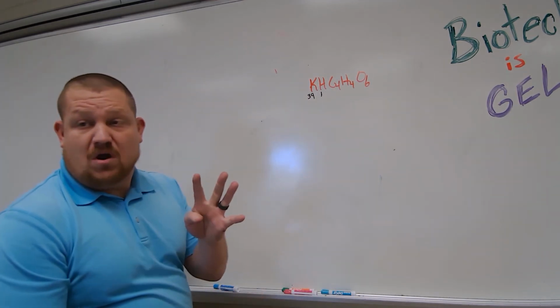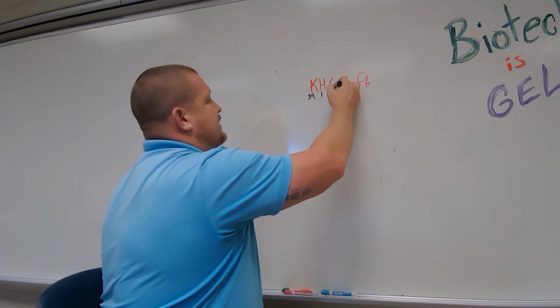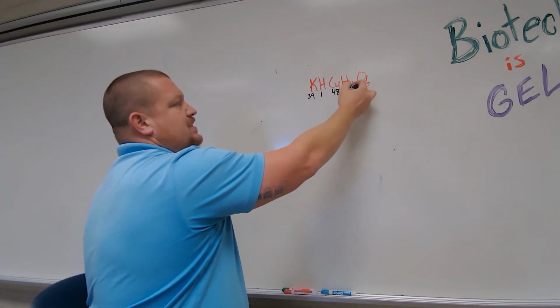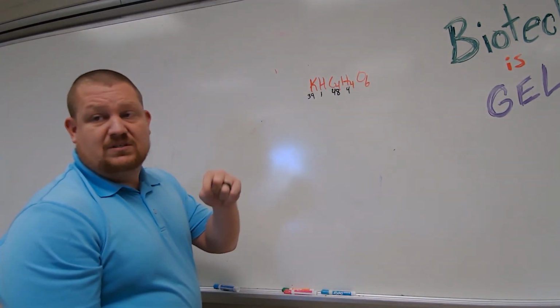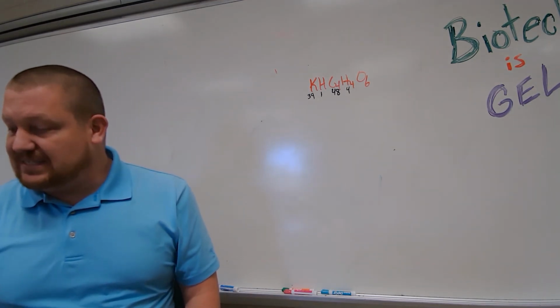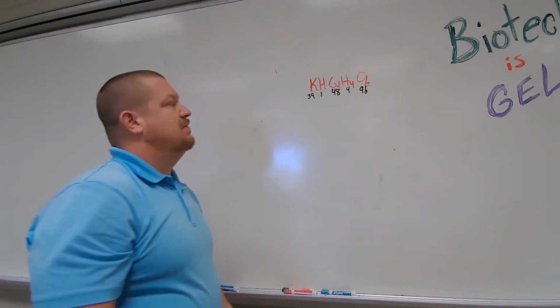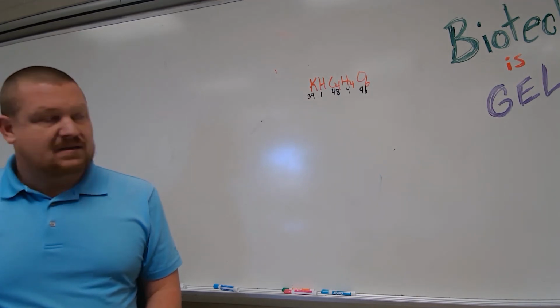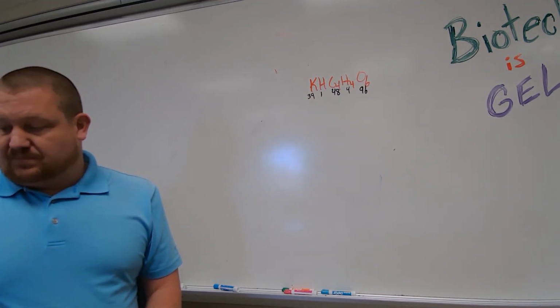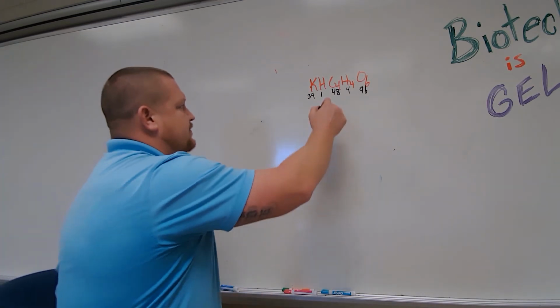I got 4 carbons. Each carbon is 12. 12 from 4, 36, 48. I got 4 more hydrogens. Hydrogen has a mass of 1, so 4 times 1 is 4. I got 6 oxygens. 1 oxygen is 16, so 6 oxygens is 96. Right, add these together. You get 188.